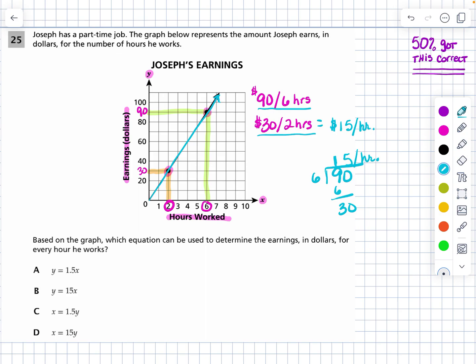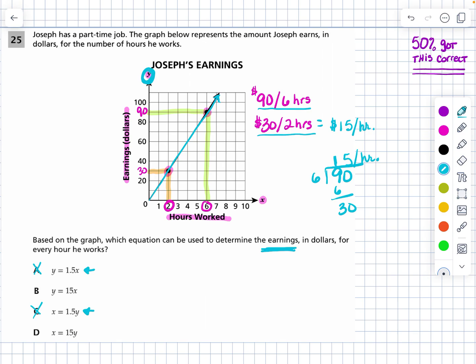So at $15 an hour, when we look at these answers, this one is 1.5, this one's 1.5. So we can eliminate these just based on that it's not $1.50 an hour, right? The other thing is we're looking for the earnings in dollars, and the earnings are on the y-axis.